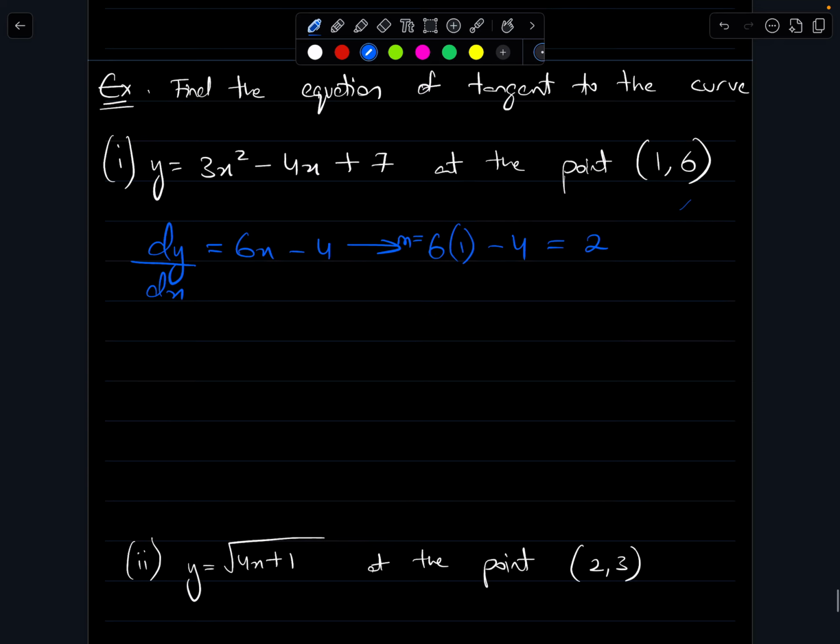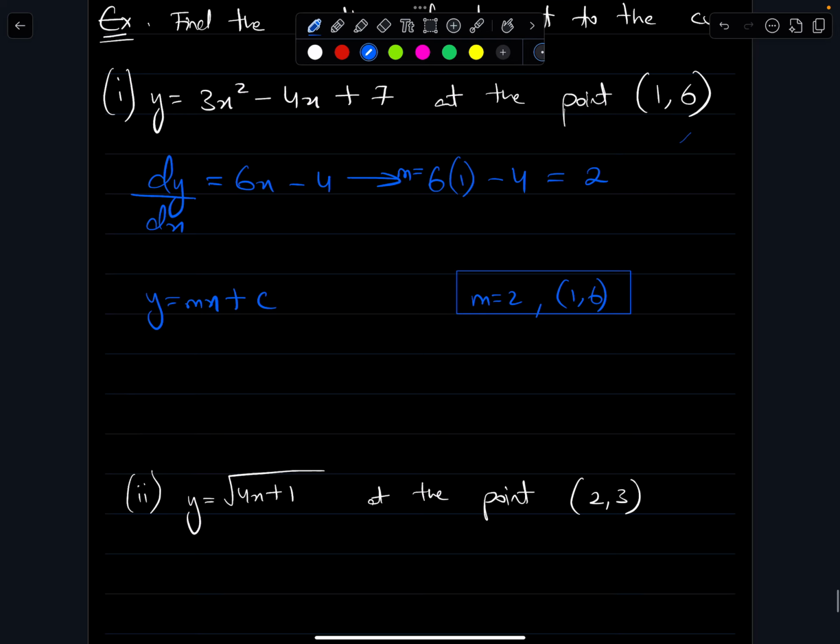Thus we have y is equal to mx plus c, the general form, and we know that the gradient is 2 and the point given is this. So we have a point and a gradient. Thus we can find the y-intercept and hence the equation. So we'll substitute the values and the value of c turns out to be 4.